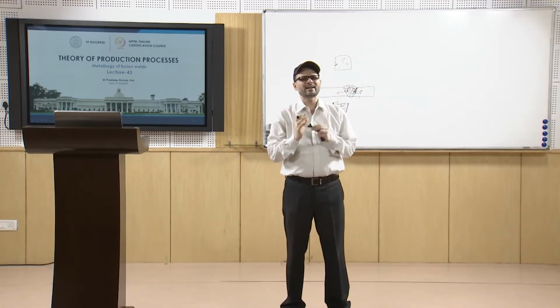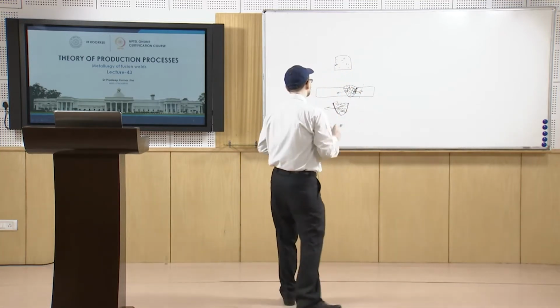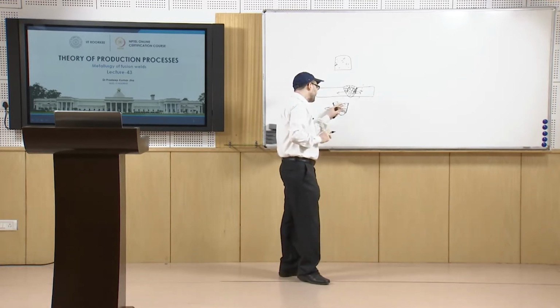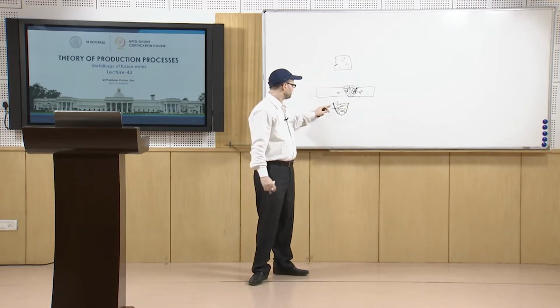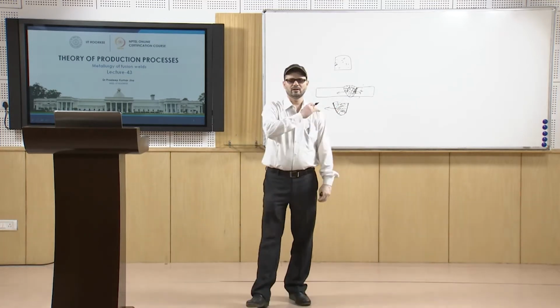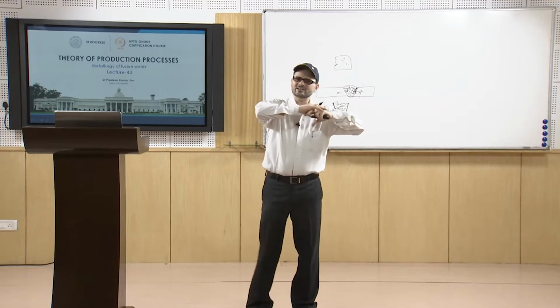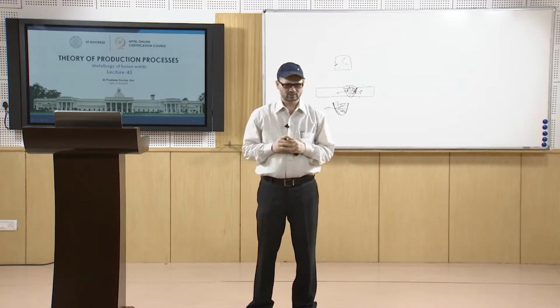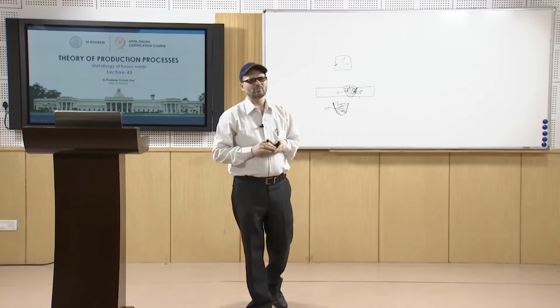Then you will have the preferred grain growth directions. Those grain growth directions which are parallel to the direction of heat flow are the predominant direction of grain growth, otherwise they are pinched off.